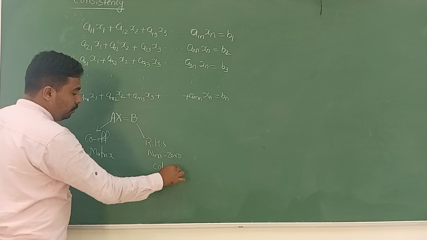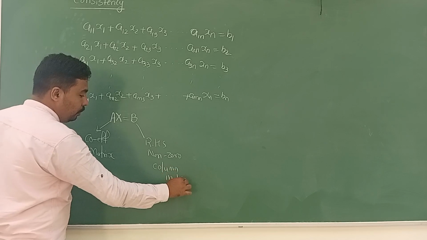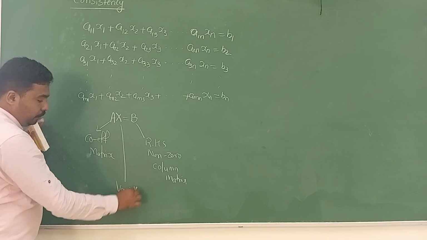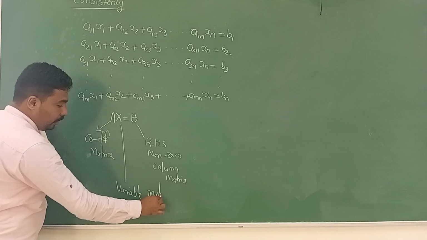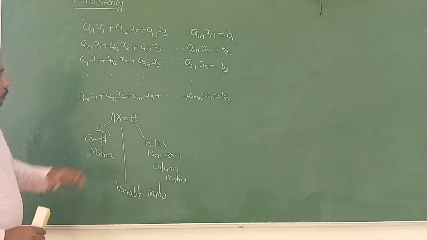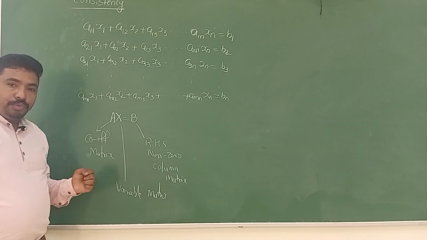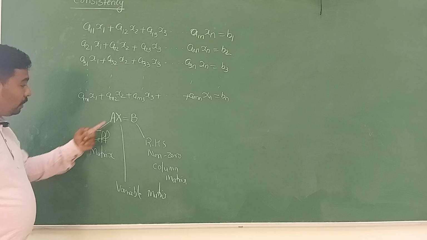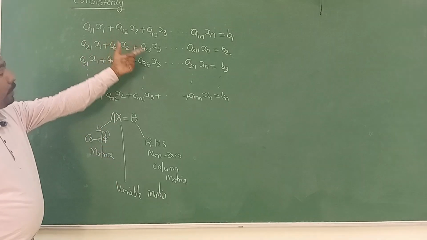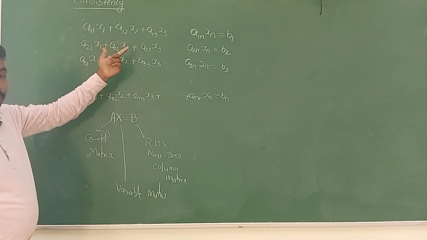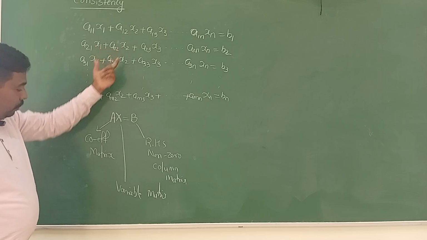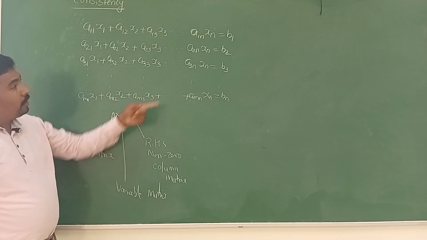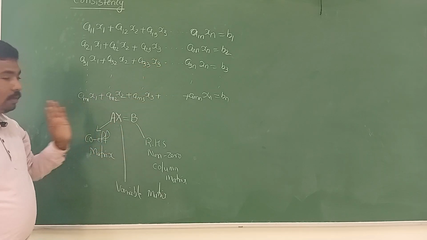And X is called the variable matrix. So the given system of equations can be written as Ax equal to b. A is the coefficient matrix, X holds the variables involved, like x1, x2, x3, so it is called the variable matrix, and the right hand side matrix b1, b2, b3 represents b.